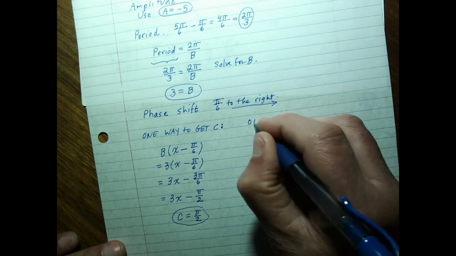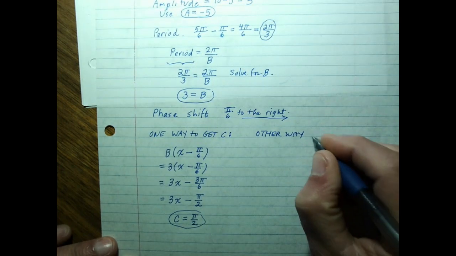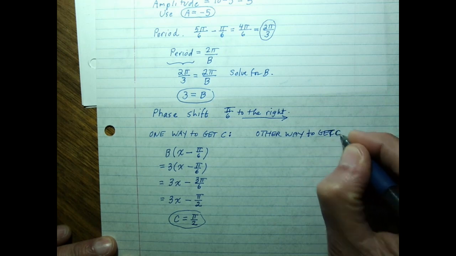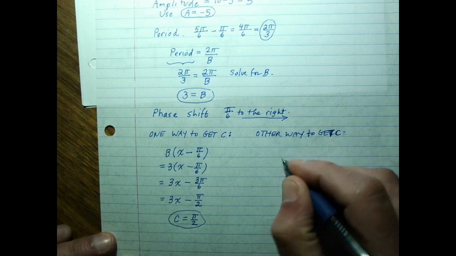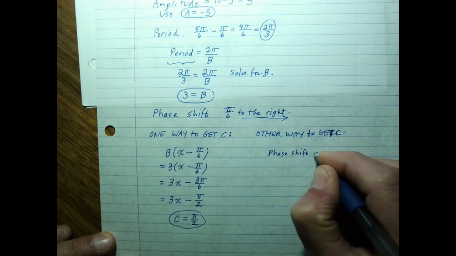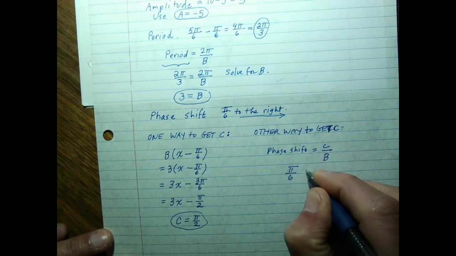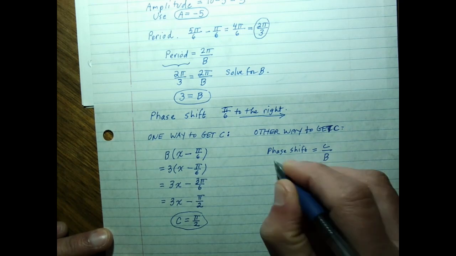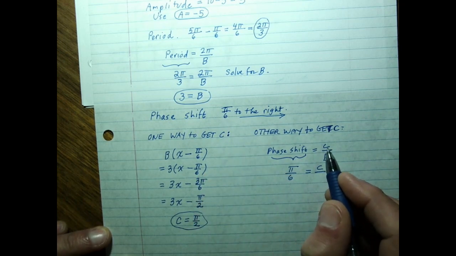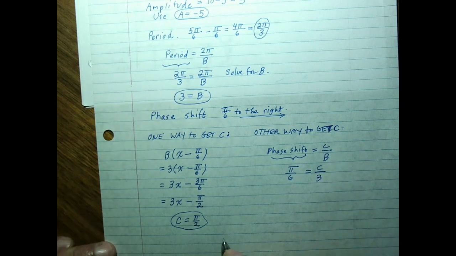The other way to get c is to use the formula phase shift equals c over b. So pi over 6 is equal to c over b. I'm plugging in pi over 6 for the phase shift, which I have to identify first, and b is the value 3 that we've already found.